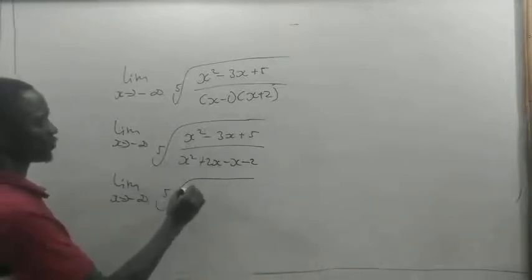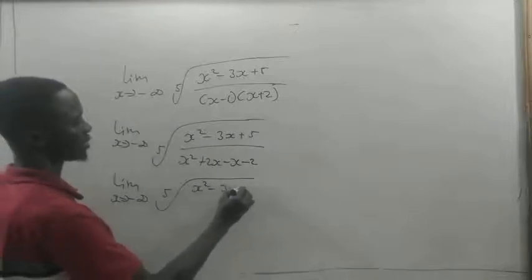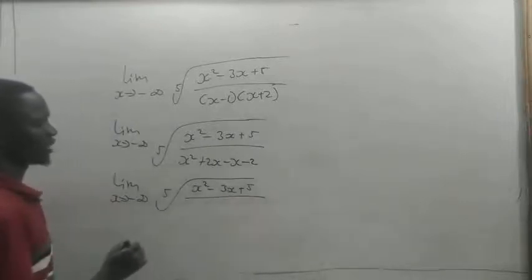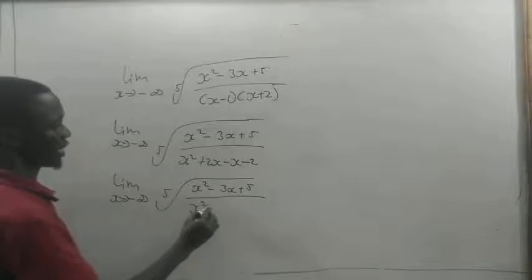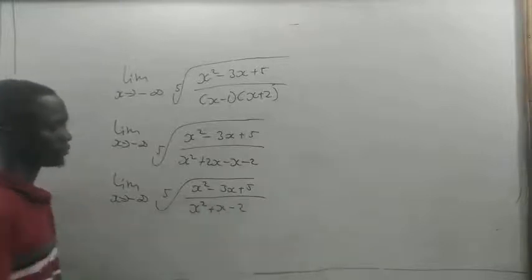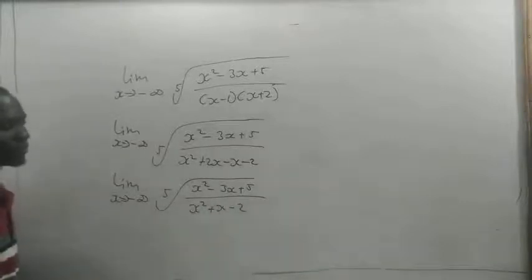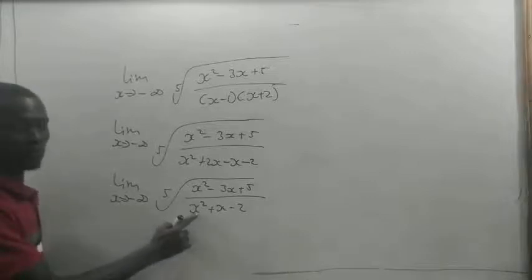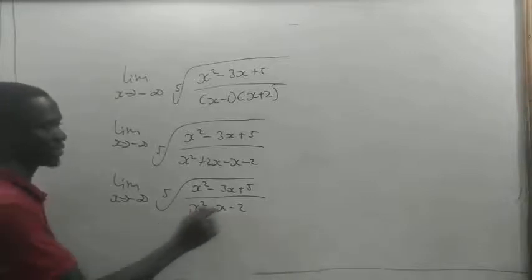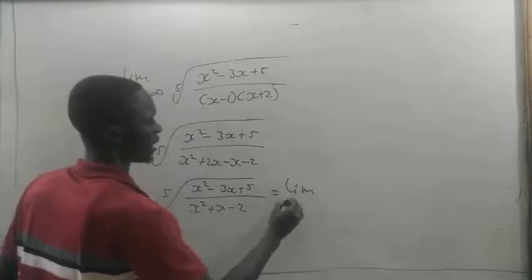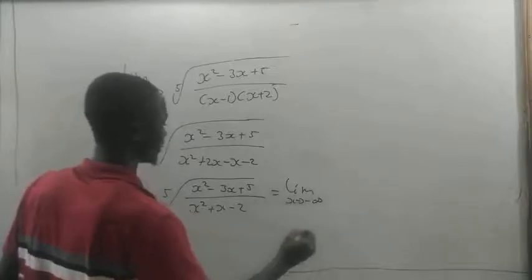The 5th root of x squared minus 3x plus 5, all divided by x squared plus x minus 2. And we are good to go. Now the highest power of x in the denominator is x squared. So this will be the limit as x approaches negative infinity.